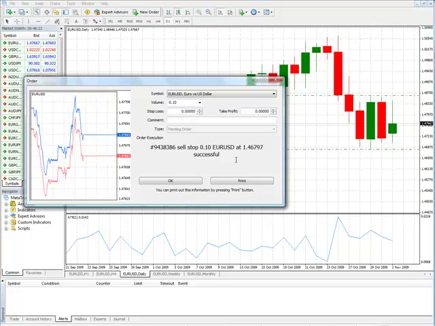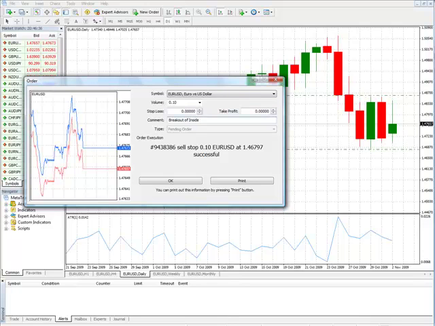All right. So let's put a comment in here. Let's call it breakout of inside bar high. Let's call it breakout of inside bar low.